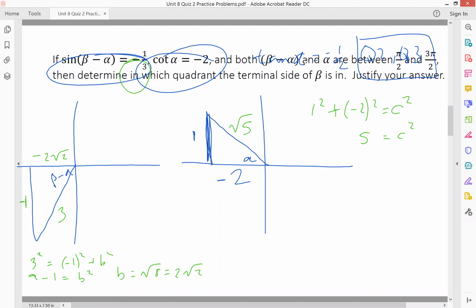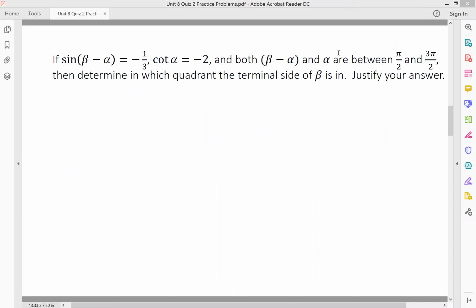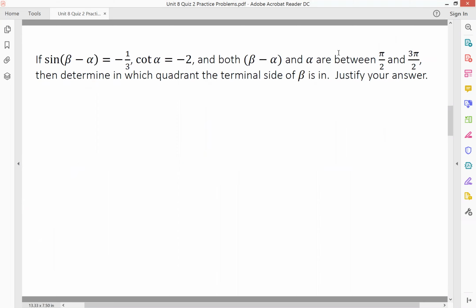All right, that's not going to let me make it smaller, so make sure you go back and write down those triangles. We need the side lengths of each, and then I need to be able to show my work for the rest. So we have 3, -1, and -2√2. We have 1, -2, and the square root of 5.